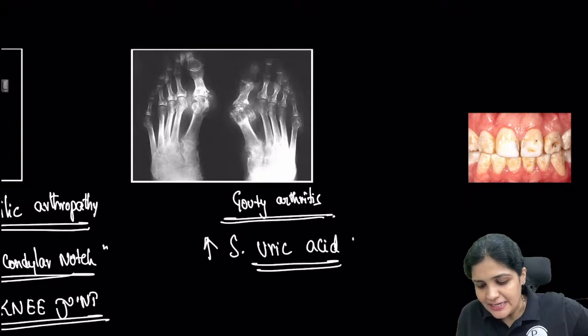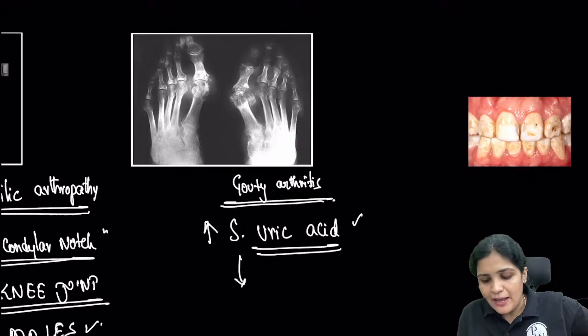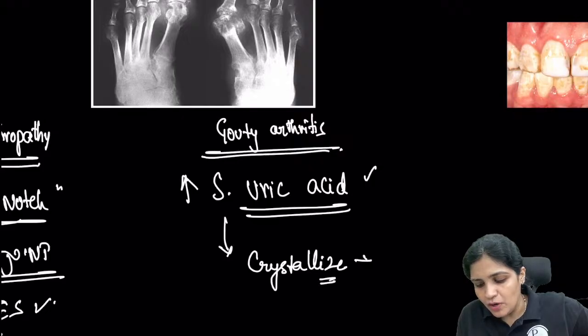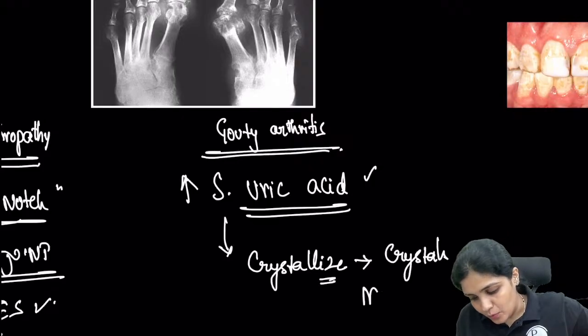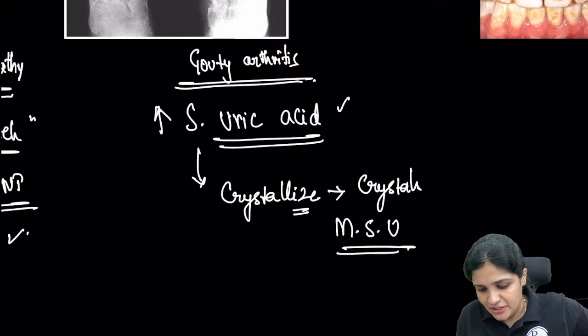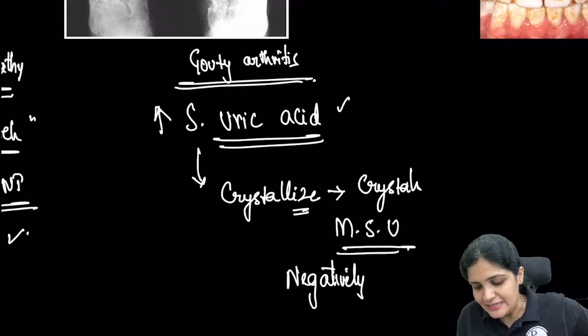So whenever there is an increase in the serum uric acid, what happens to the joint? The uric acid gets crystallized, right? So they form what crystals? Monosodium urate crystals, which are negatively birefringent. Okay? On the polarized light, we see it as negatively birefringent.